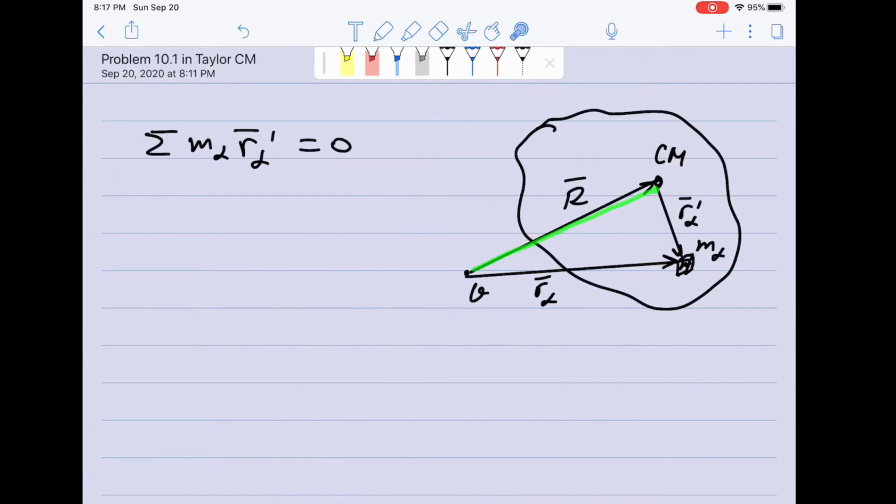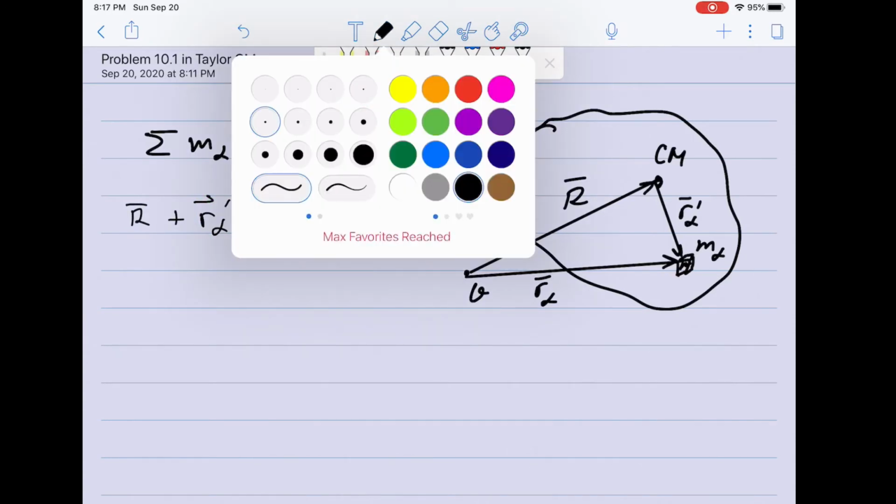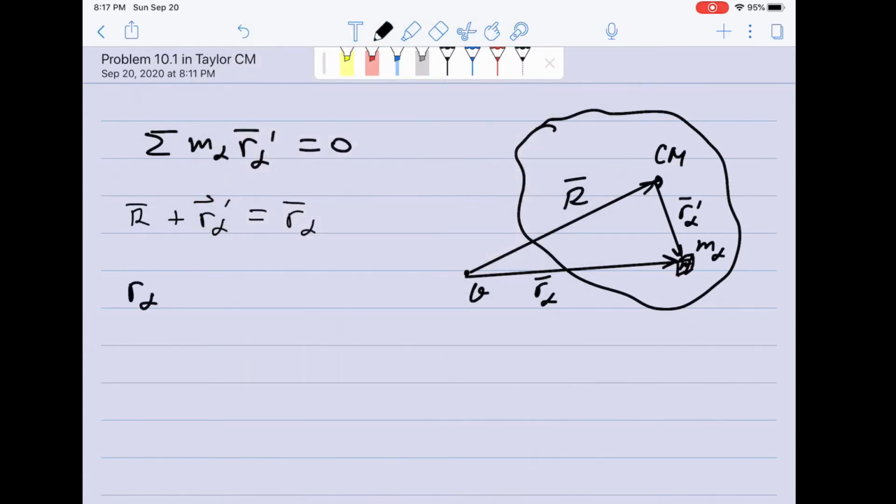I know that this vector plus this vector always equals this one. That's how I do the order of the vector addition. So from here, we can express r sub alpha, and then we can substitute this expression into the sum.